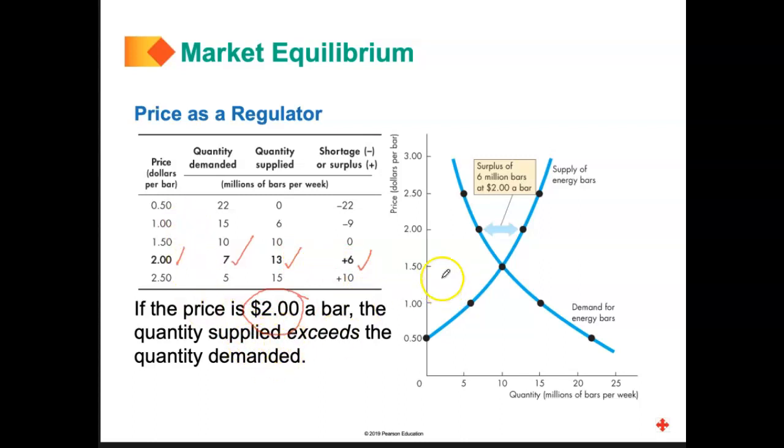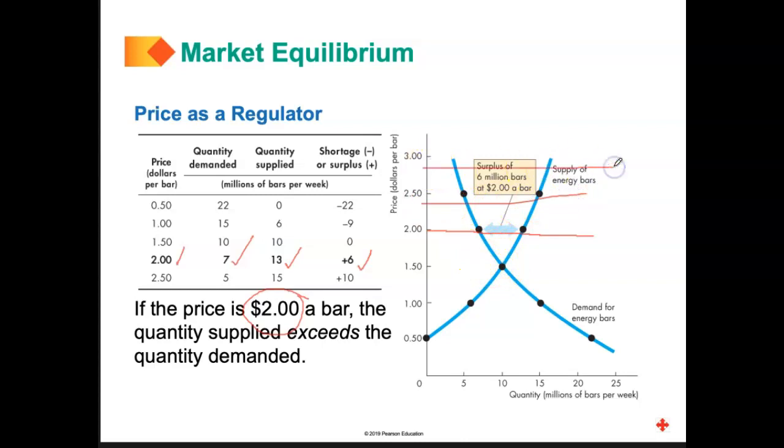That is a surplus in the market, and that price is above the equilibrium price. Above the equilibrium price, there's always going to be a surplus in the market. So at this point, there's a surplus.